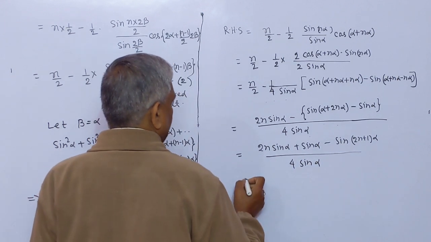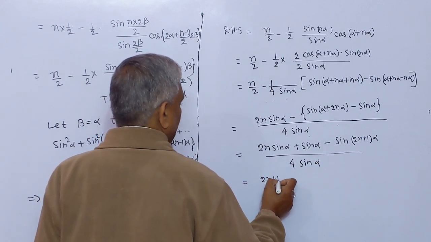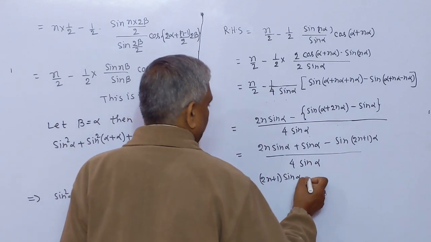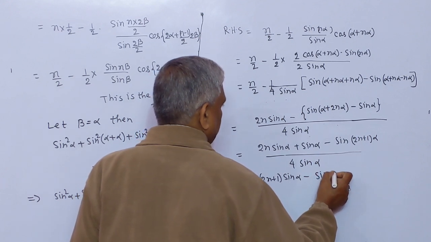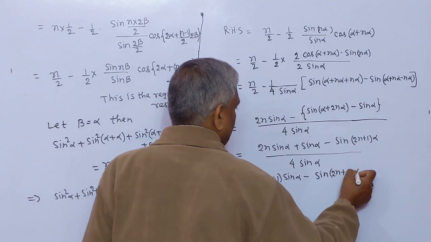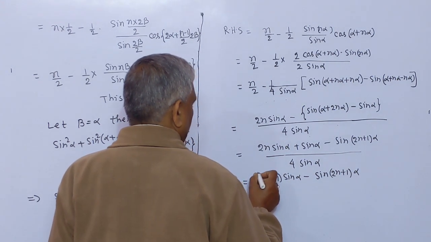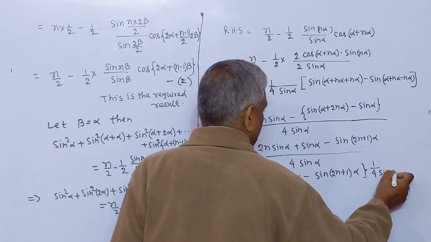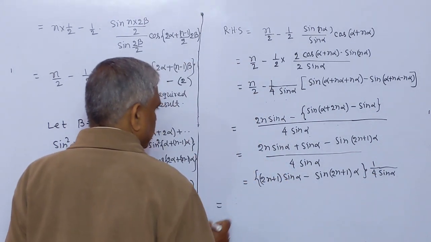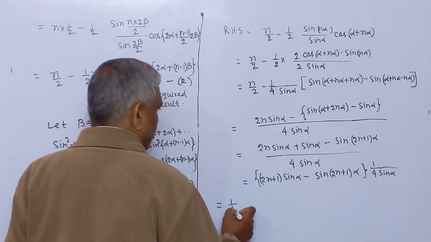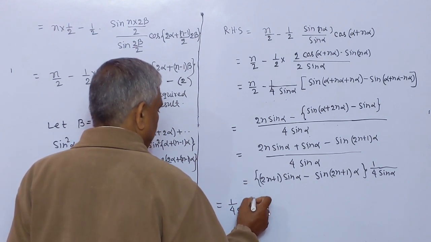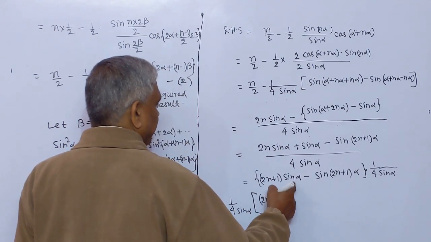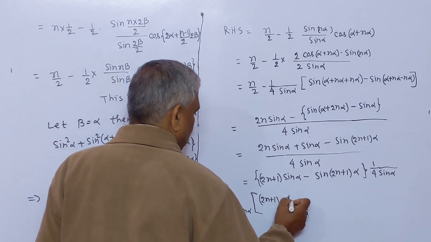This is equal to (2n plus 1) sine alpha minus sine (2n plus 1) alpha, multiplied by 1 by 4 sine alpha. This equals 1 by 4 sine alpha. Here for (2n plus 1) we expand sine alpha.